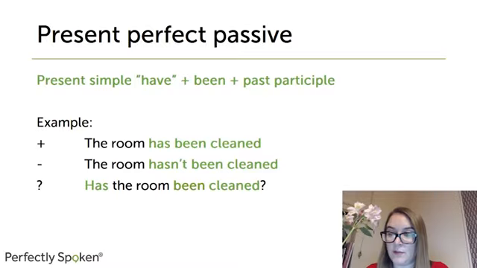In our example, the same context, a positive sentence: the room has been cleaned. Negative: the room hasn't been cleaned. Question: has the room been cleaned? Again, please pause the slide and make a note of how to form the present perfect passive.